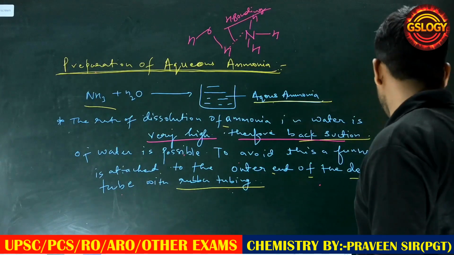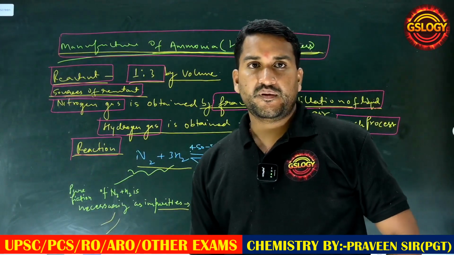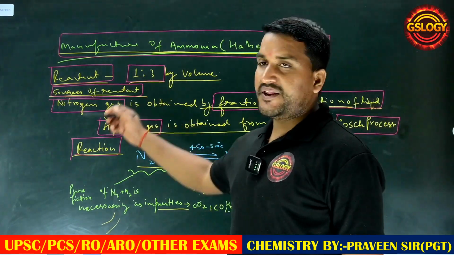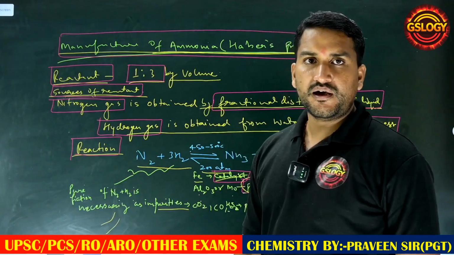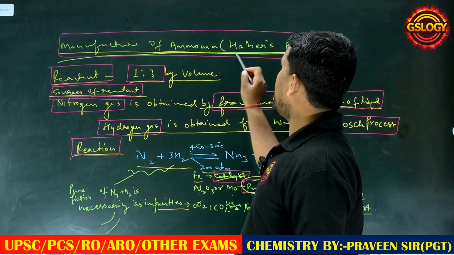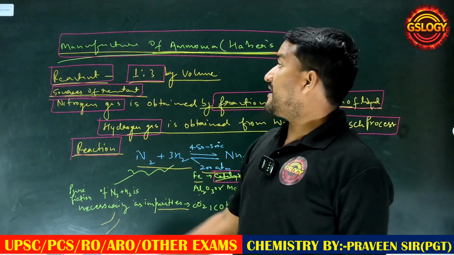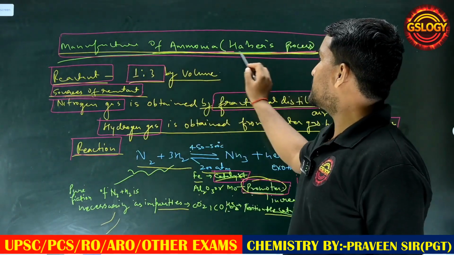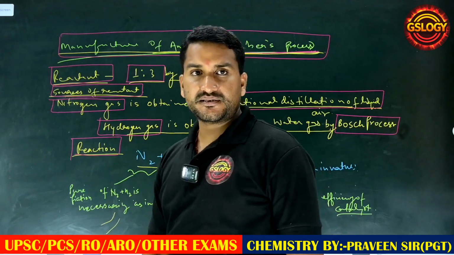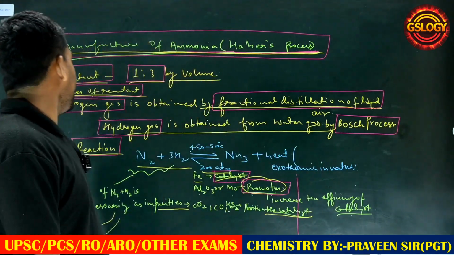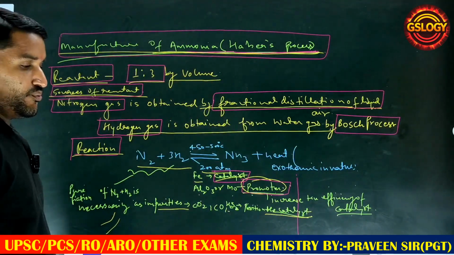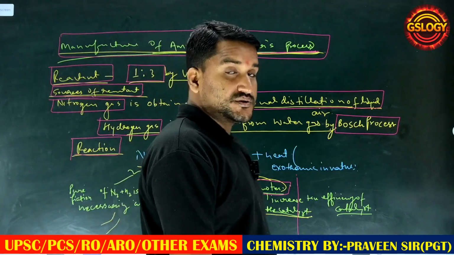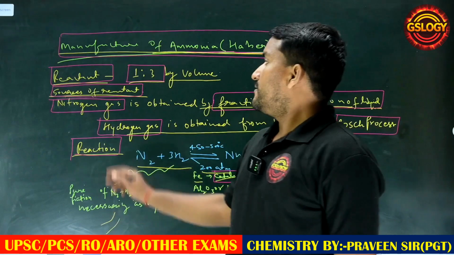Okay, yes. Next method is the preparation of ammonia gas by the Haber's process. The manufacture of ammonia gas by the Haber's process. Which reactants are used in this process?